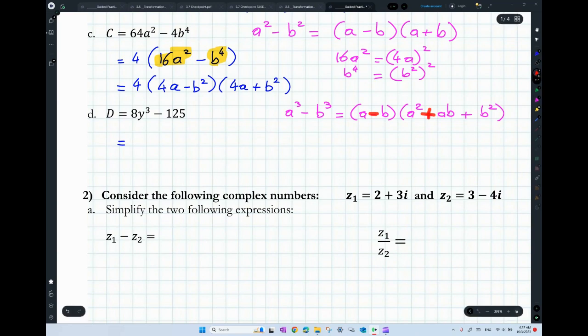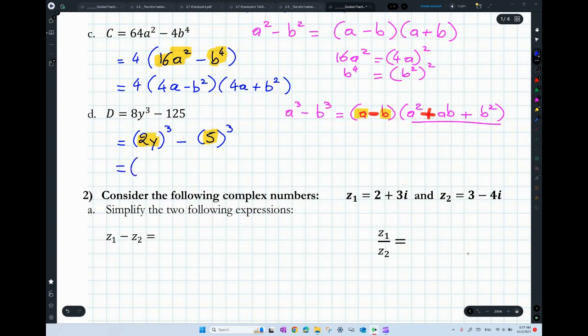So in that case, let me make obvious the cube for each. I'll have 2y cubed minus 5 cubed. So in the role of a, 2y, in the role of b, 5. And then I just follow that pattern right there.